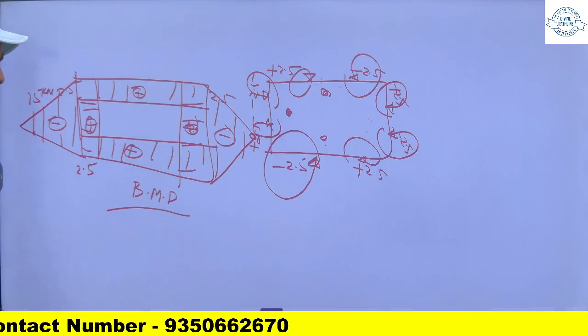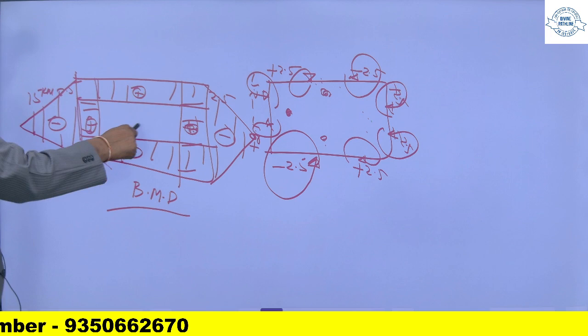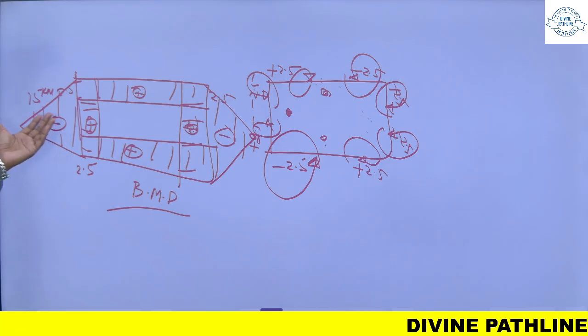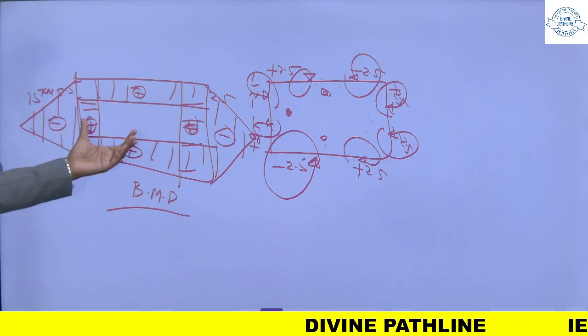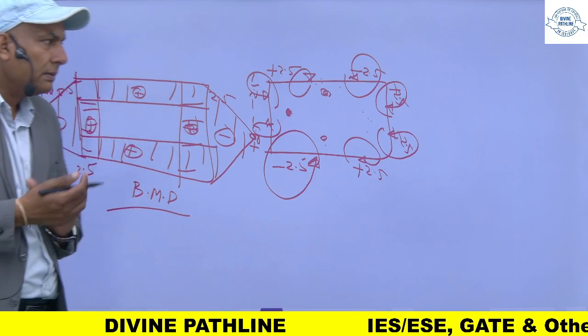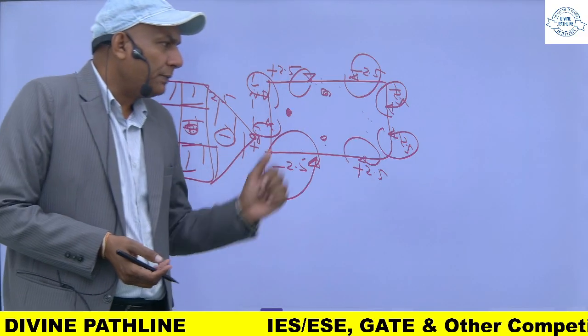Now this is my bending moment diagram. I have not superimposed this in order to not make it clumsy. So separately I had drawn this. This is hogging and this sagging is separately. Another point is this, I can reverse my concept.